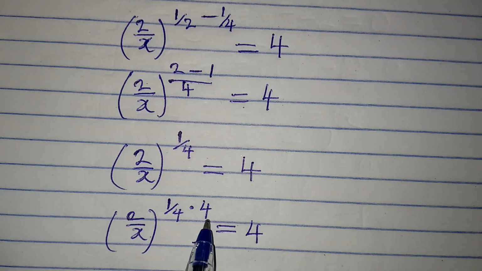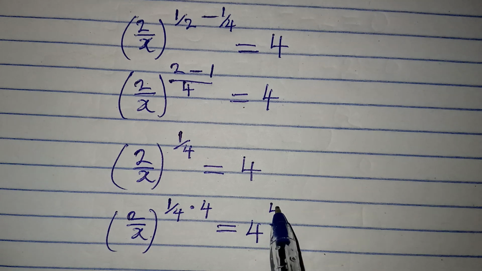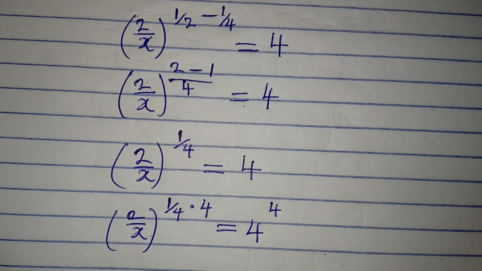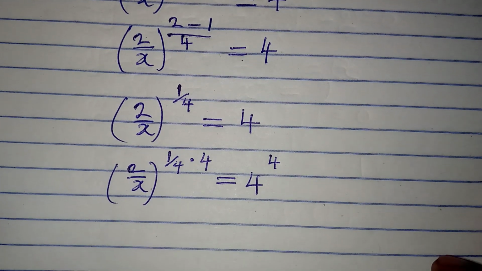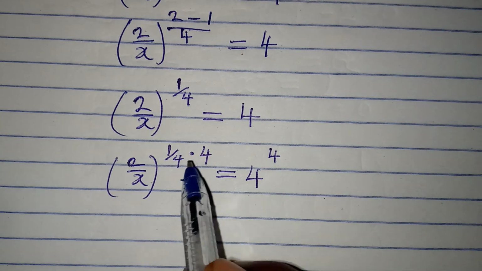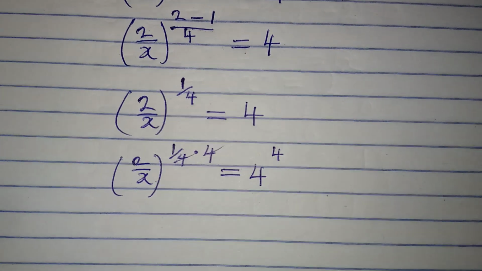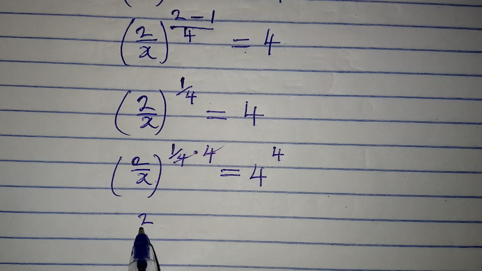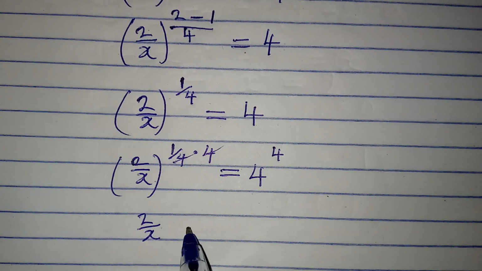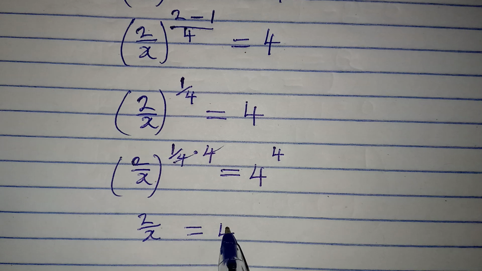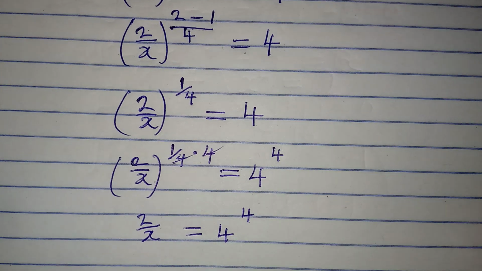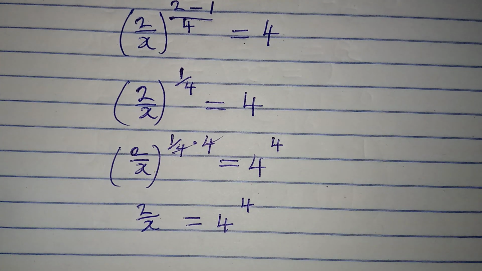Because I introduced this 4, I'm going to have 4 on the right as the power as well. If I take a step further, this and this can cancel each other. So 2 over x will now be equal to 4 to the power of 4. And remember that 4 to the power of 4 is not equal to 16.